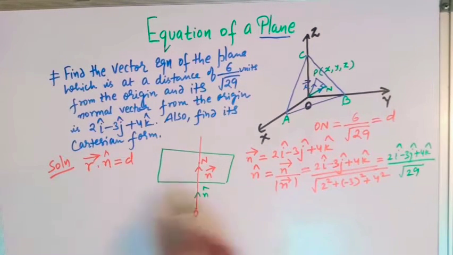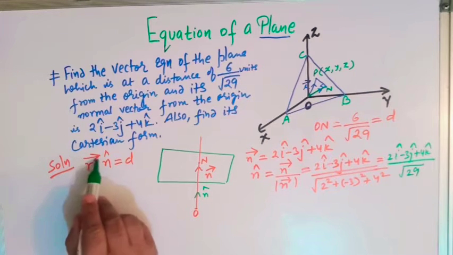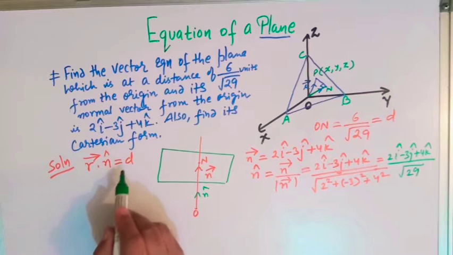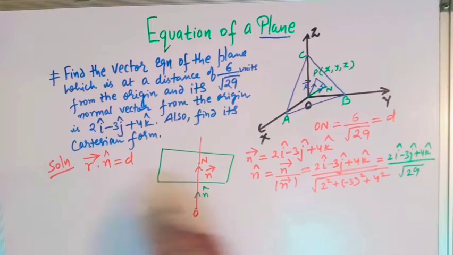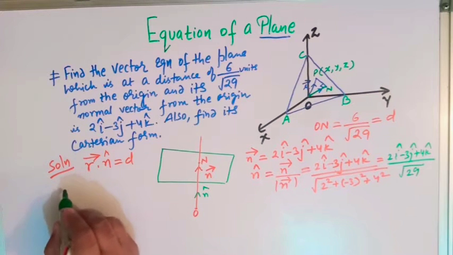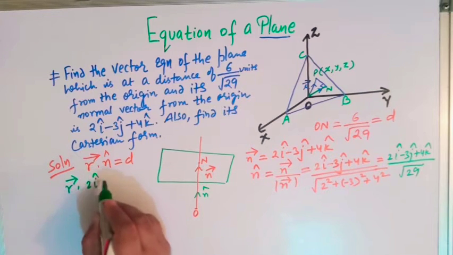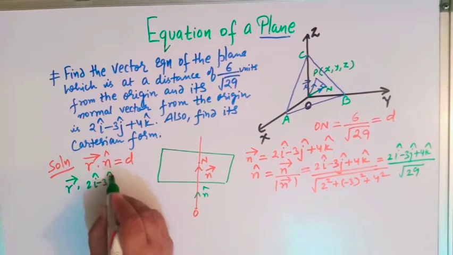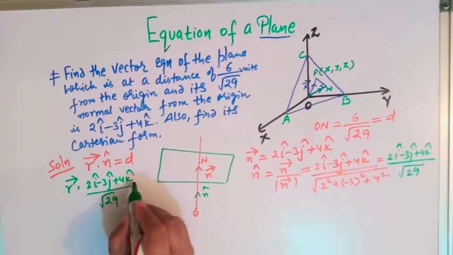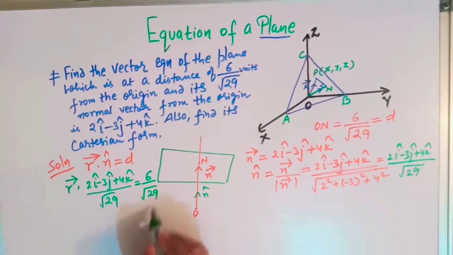Now viewers, we have vector r dot n cap is equal to d. So here we substitute the values of n cap. So we have r dot 2i minus 3j plus 4k divided by square root of 29 is equal to 6 over square root of 29.